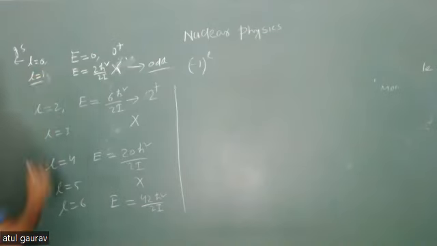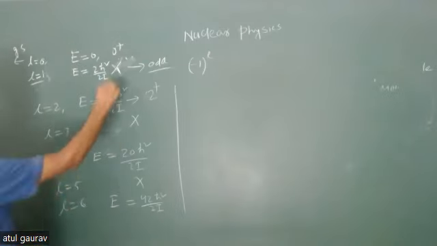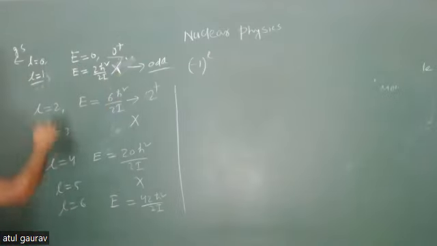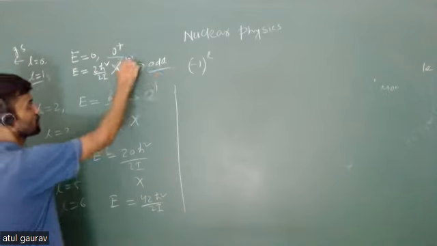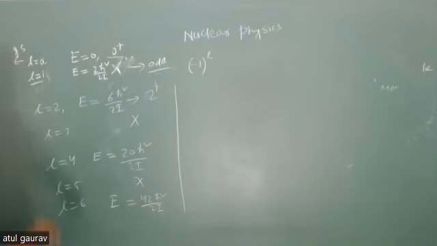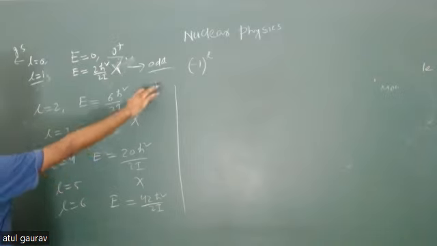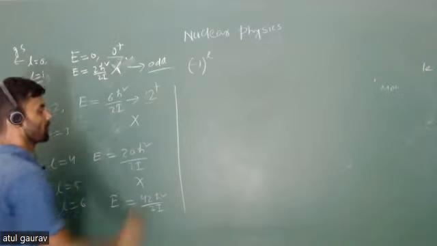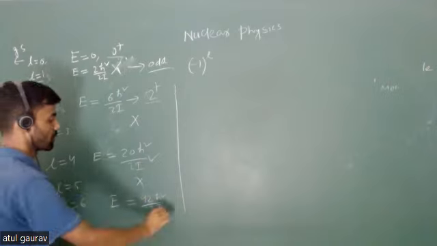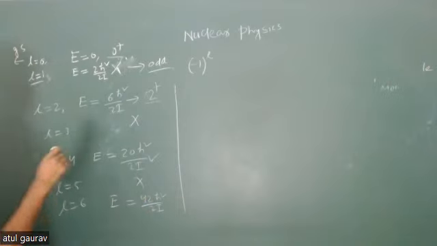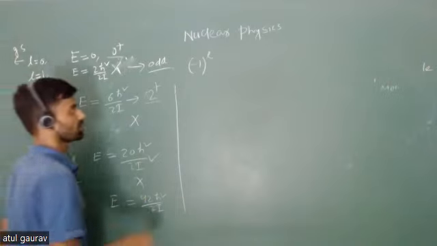L equals 1 gives odd parity, so that state is not allowed. Then L equals 2 gives even parity, so that will be the first excited state. Now can you calculate the energy separation between the first excited state and the ground state?